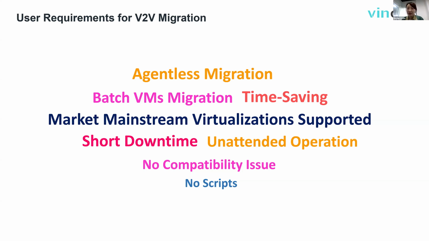Then migrating in an agentless way and supporting batch migration and automated job running to cut down the labor cost. Another very important consideration is that they need a short business downtime solution. Based on our customers' demand, all these features are included in Vinchin's backup and recovery solution. So please allow me to introduce our solution.